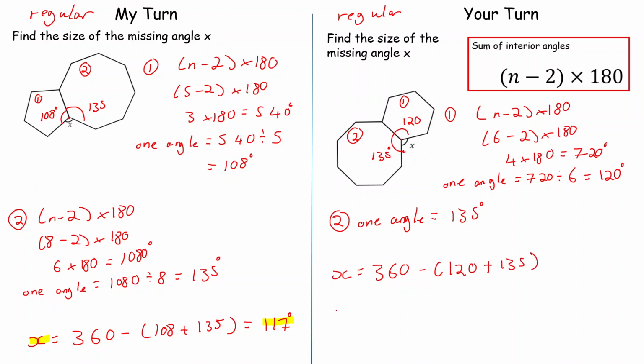So x is going to be equal to 360 take away 255, which gives you 105 degrees. And that is your answer for x. Perfect. There we go.